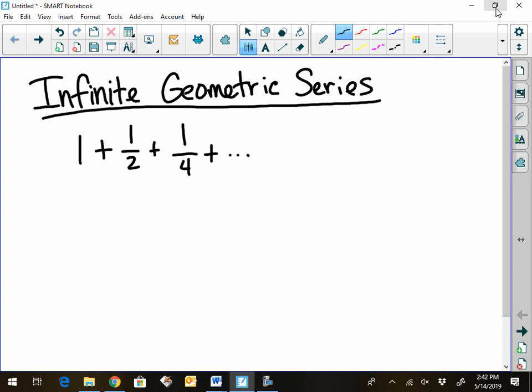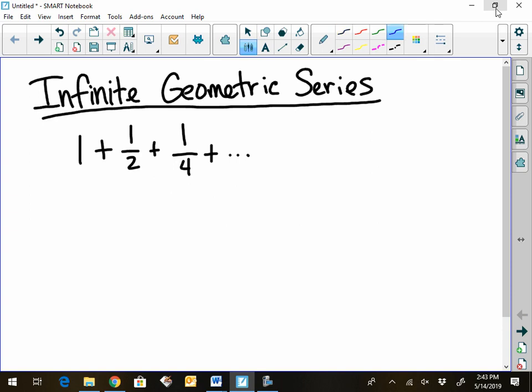So in our geometric series formula before, we had some n value that we were looking for. Well, now in this case, our n value would be infinity. So that doesn't quite work with the formula that we've been given, right?